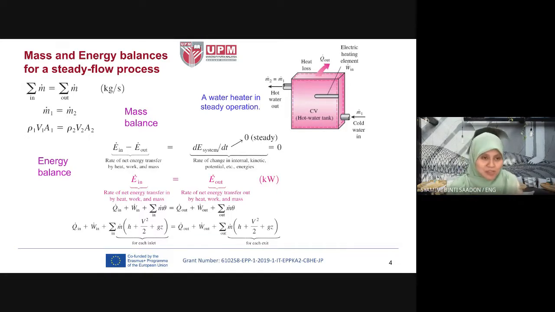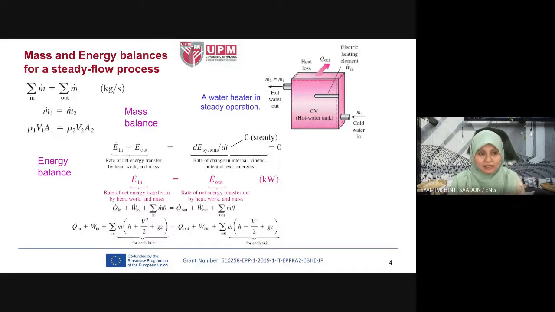So when we say that the mass is conserved throughout the process, it means that the sum of the mass at the inlet is equal to the sum of the mass at the outlet. Whatever you give at the inlet. Why do we need to write the notation sum instead of only m1 equals m2? Because sometimes we have several inlets and several outlets.